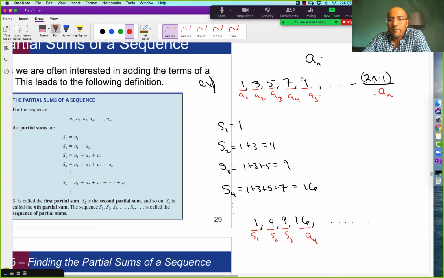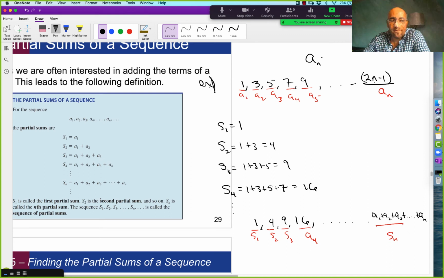Same thing over here, there's a pattern happening. The nth one on my list, way out here, there's not a very easy way of describing it. It's just a1 plus a2 plus a3 plus and so on, all the way out to a sub n. That's what the nth one is.